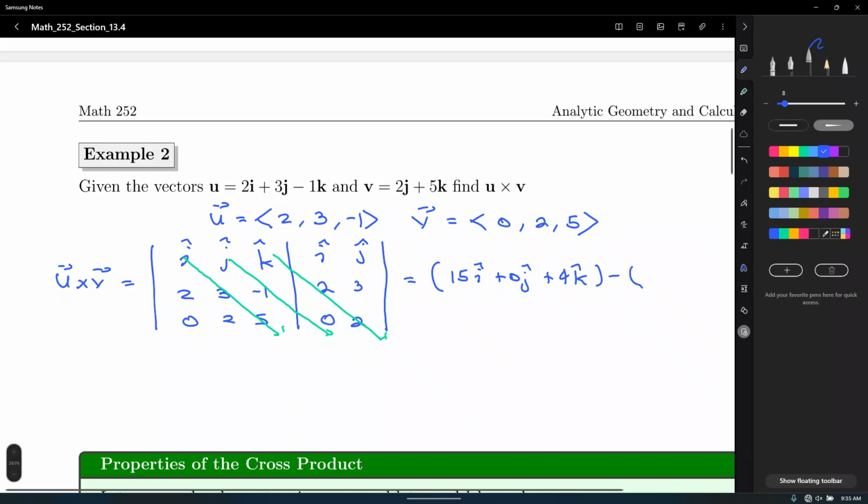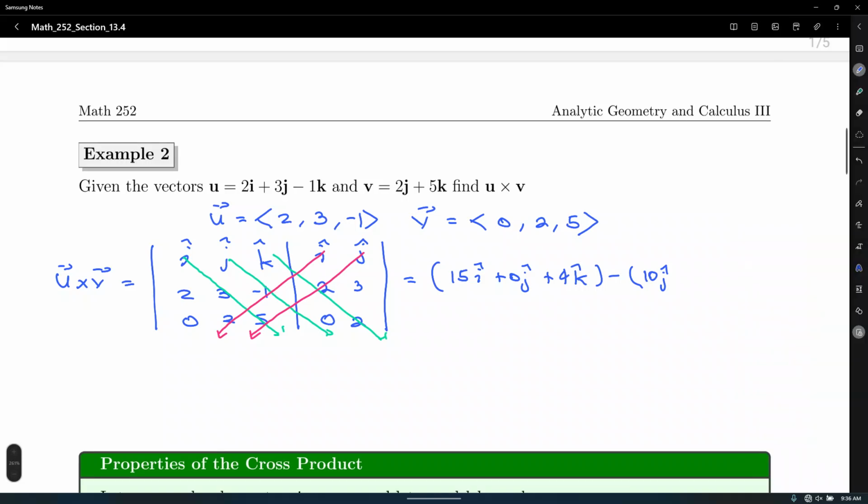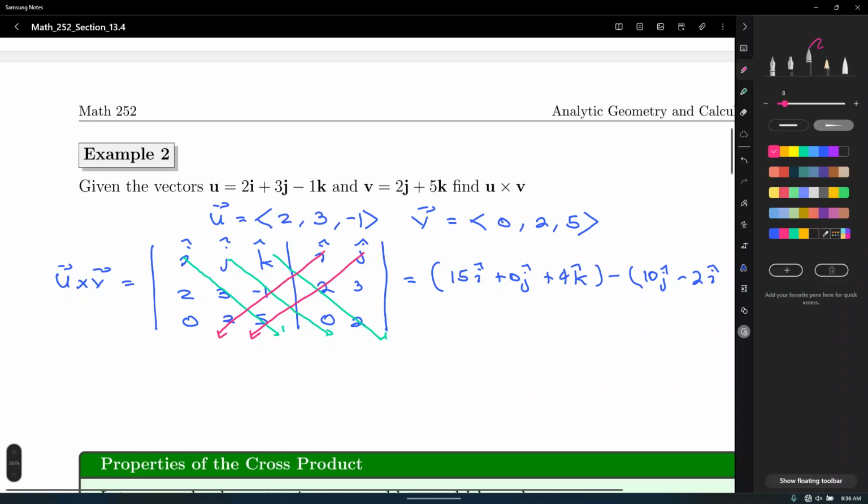Now I'm going to subtract whatever we get from the reverse diagonals, the secondary diagonals. So that's j times 2 times 5, that's 10j. Then i times -1 times 2, that's -2i. And lastly, k times 3 times 0, that's 0k.